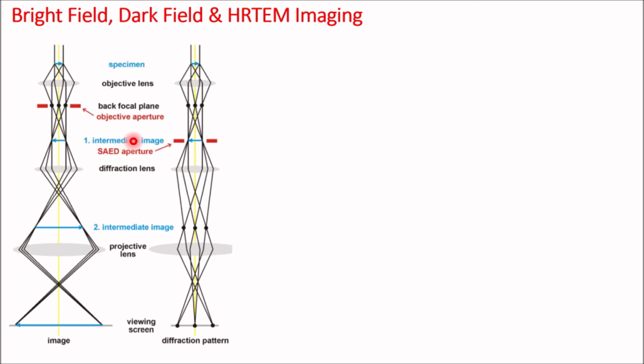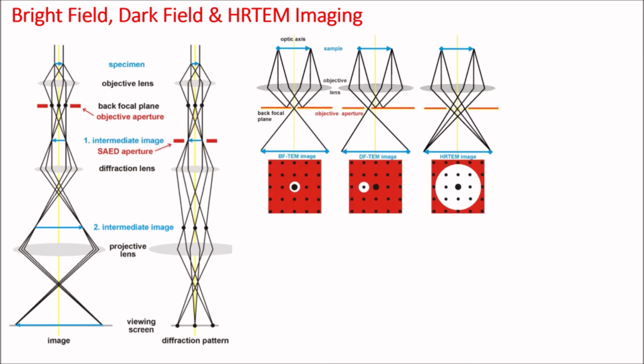An aperture can be inserted in the back focal plane of the objective lens to select one or more beams in diffraction mode. An aperture is just a metal plate with holes. Only the electrons hitting the holes pass the aperture, whereas others are completely absorbed by the metal.